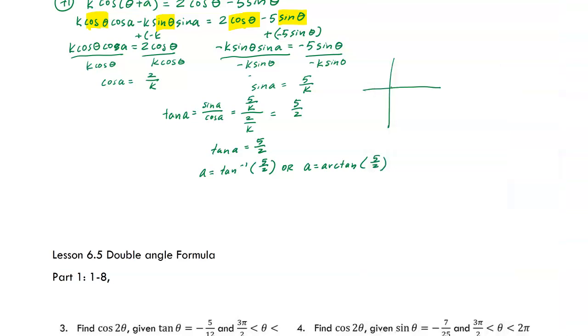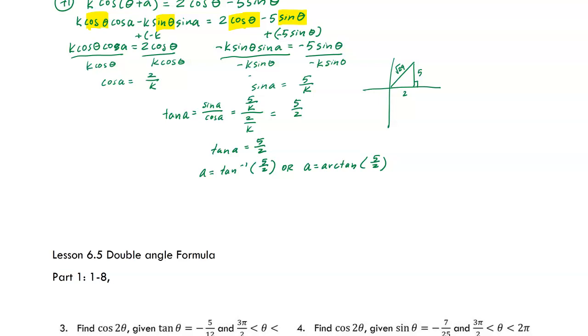Okay, so I could draw my little Pythagorean theorem, and I could draw my y as 5 and my x is 2. And so that's 25 plus 4. Right? 25 plus 4. So that's square root of 29. Okay.